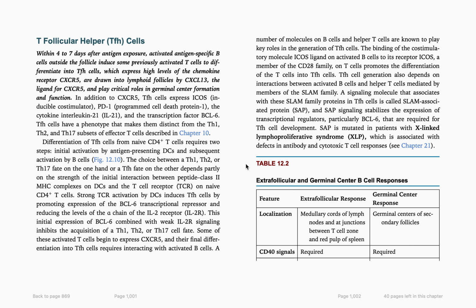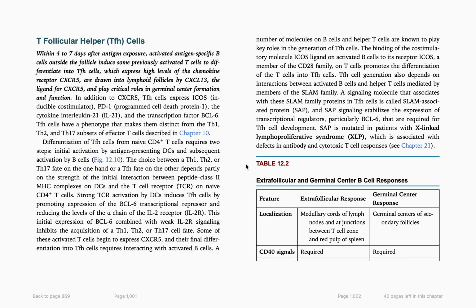T follicular cell generation also depends on the interaction between activated B cells and helper T cells mediated by a member of the SLAM family. A signaling molecule that associates with this SLAM family protein in T follicular cells is called SLAM-associated protein, or SAP, which stabilizes the expression of transcription regulators, particularly BCL6, that are required for T follicular development.